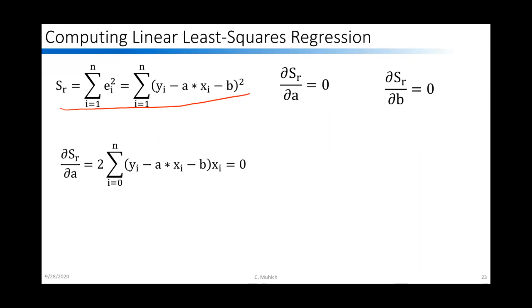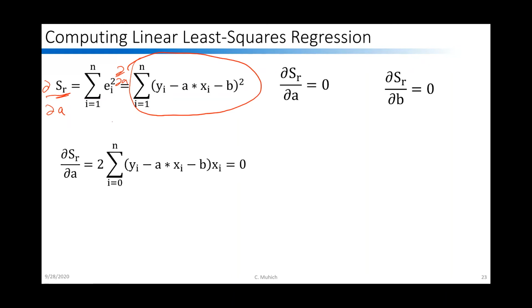So if I take my derivative with respect to A, partial SR, partial A, I'm really taking this piece and taking the partial derivative with respect to A. So I can go through each term.